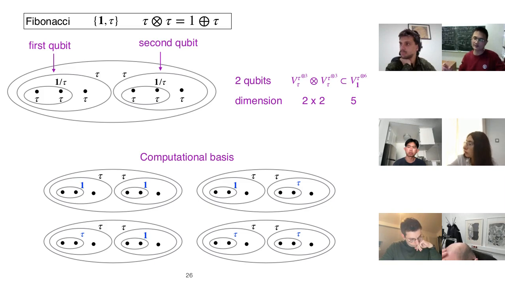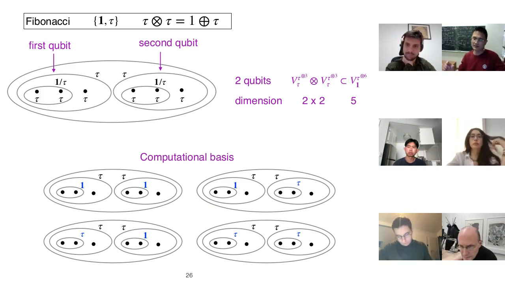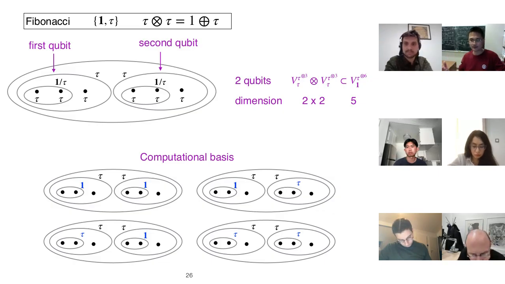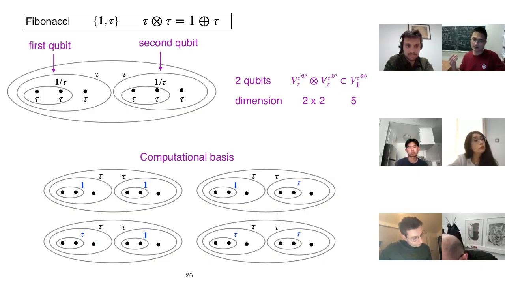Because topology, by definition, is the property that doesn't change under deformations, and those deformations in physics correspond to local perturbations, which means if you encode your state in topological properties, then they are bound to be resilient to local perturbations.